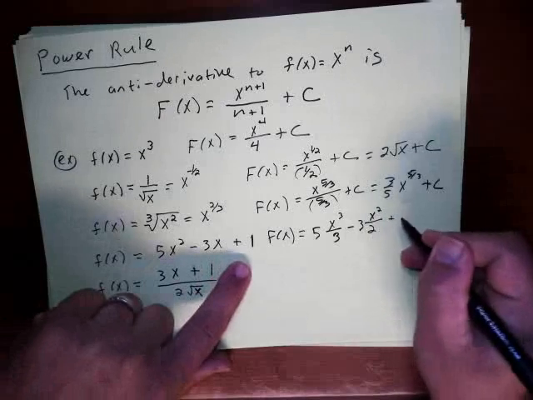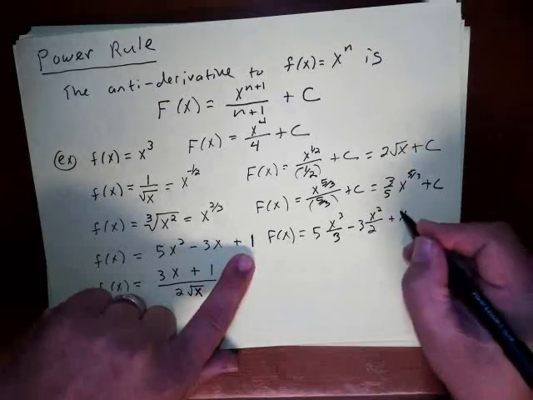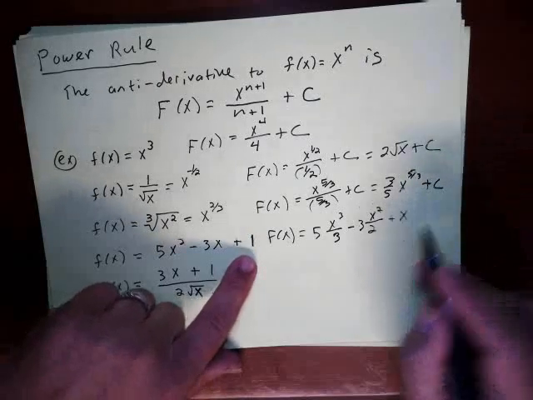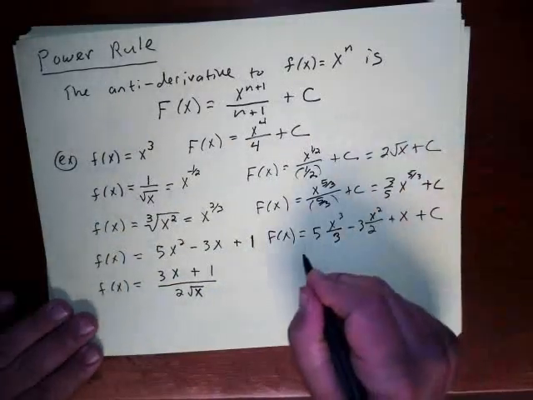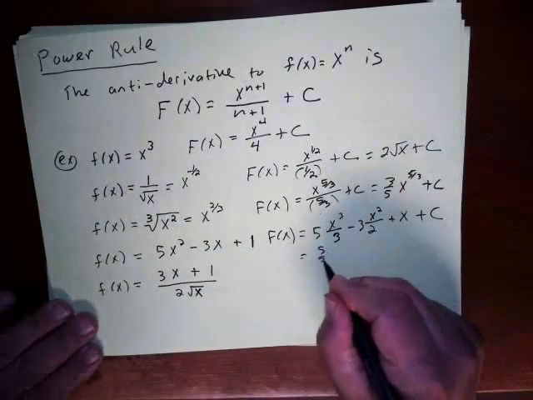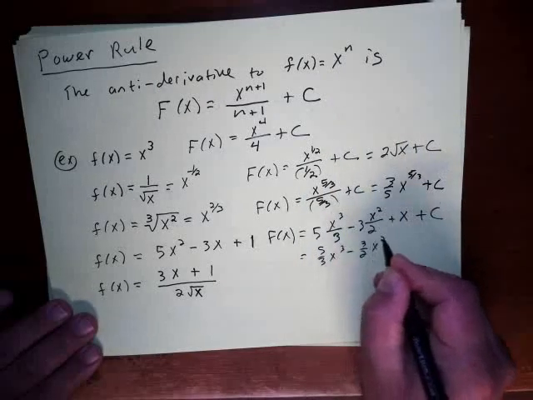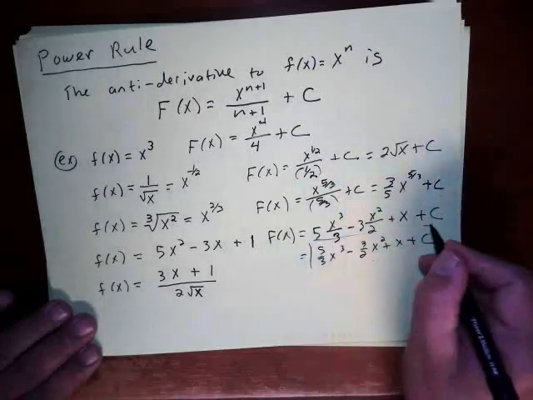And then this would just be x, right? You could just think of that as x. The derivative of x is 1, so that's the antiderivative. And then you would have a plus c. So then I could rewrite this like 5/3 x cubed minus 3/2 x squared plus x plus c.